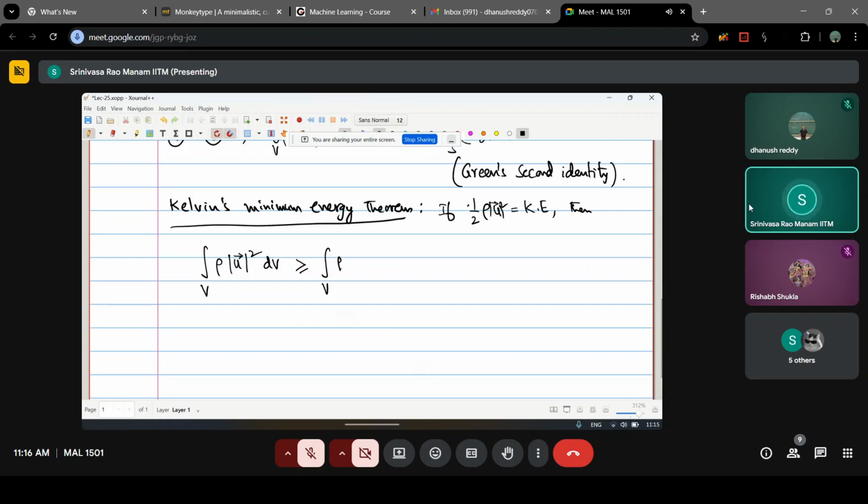So that means rho into what do you have? Grad phi whole square. Instead of u, you have grad phi dot grad phi dV.